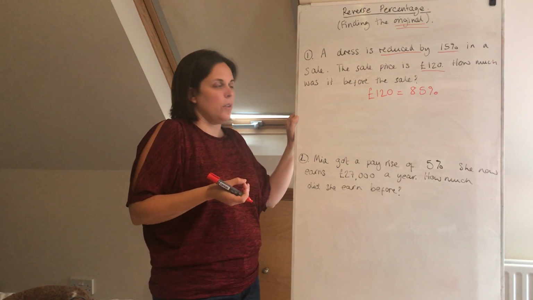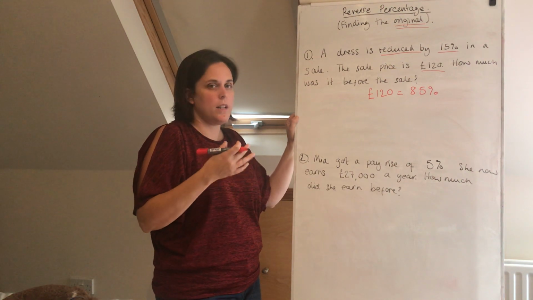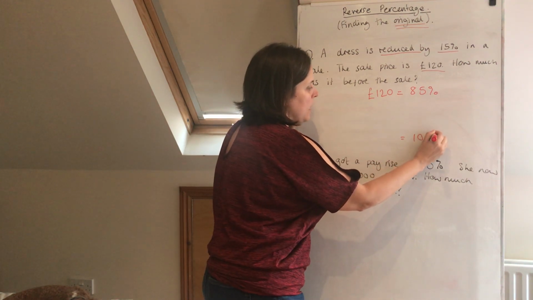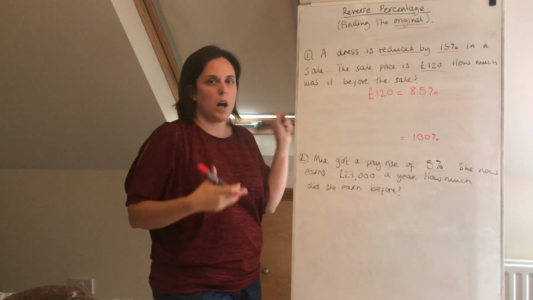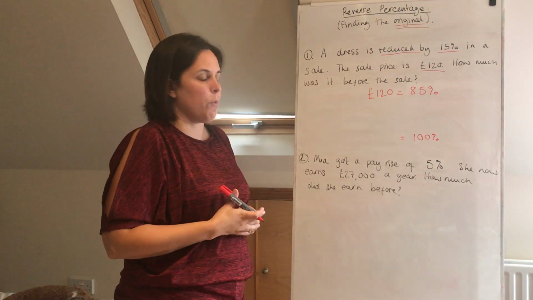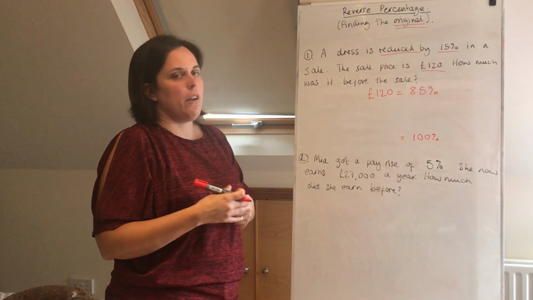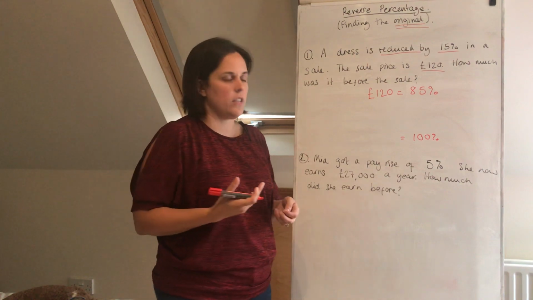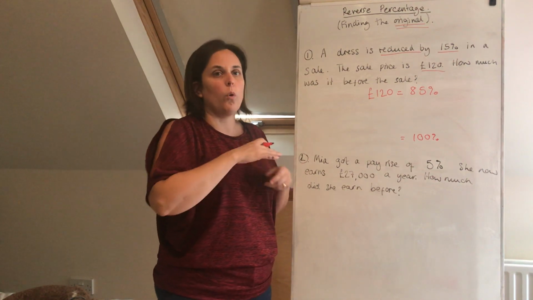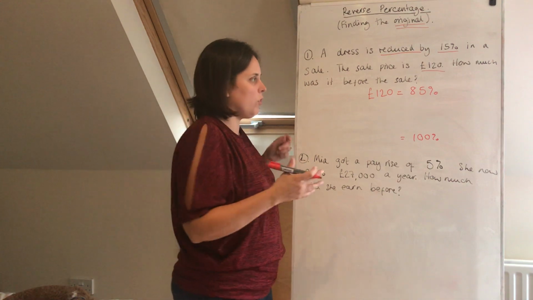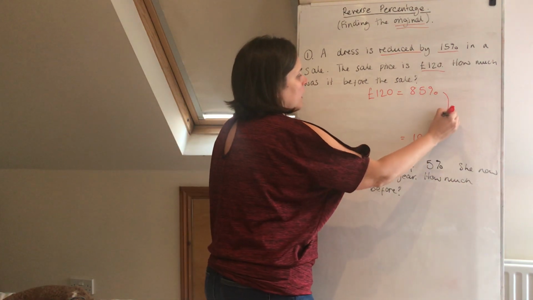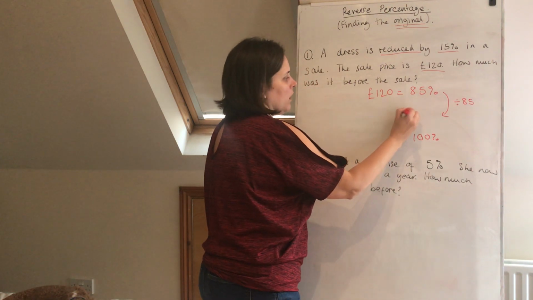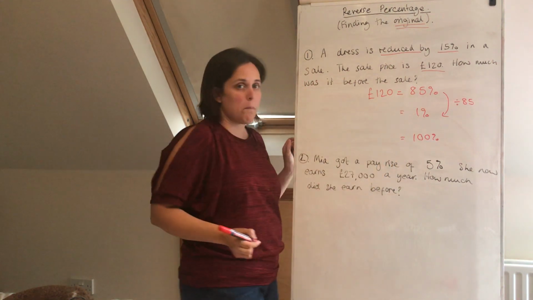Now what we want is the original, and remember the original is 100%. So we just scale up or down to be able to get what 100% is. There are lots of different ways that you could do it, but one that will always work is by just doing a division by that number to take you to 1%.